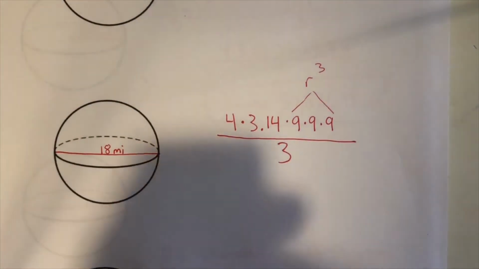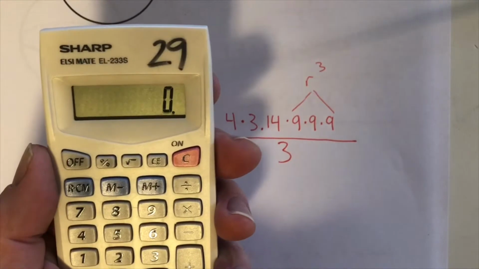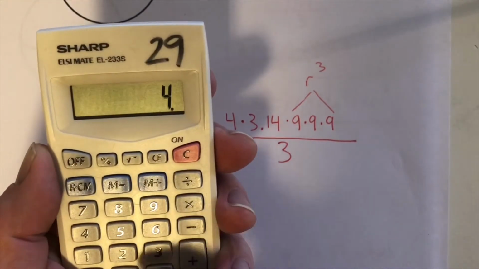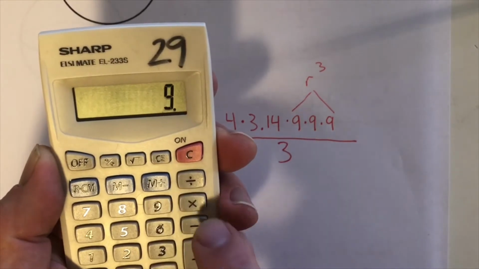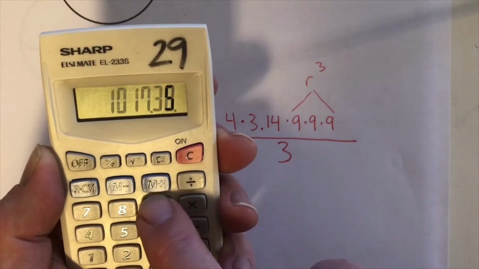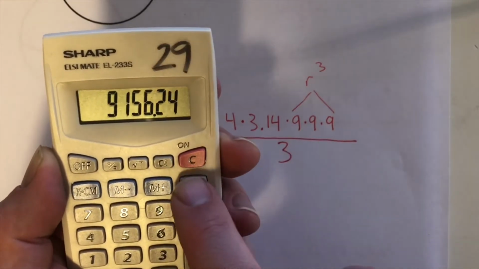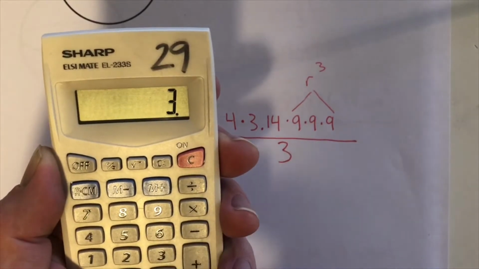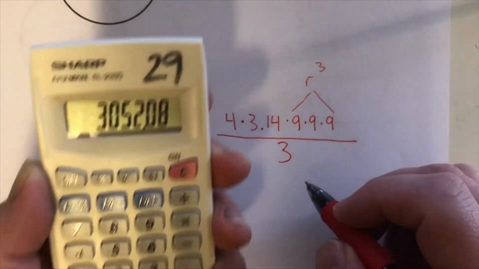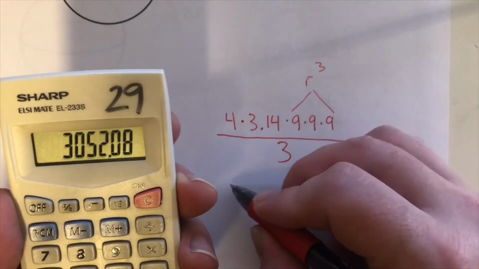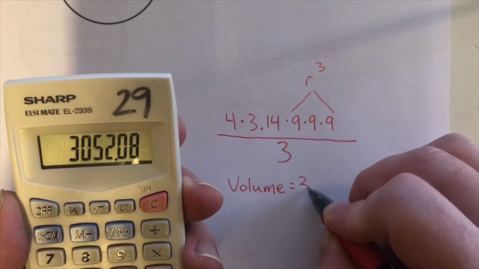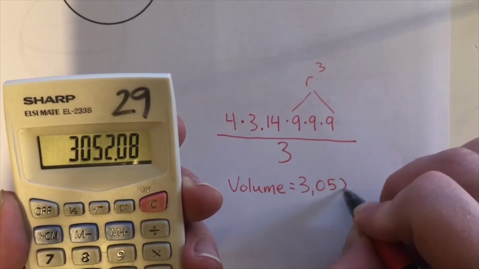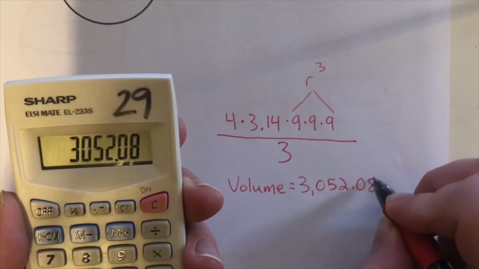So on my calculator, when I plug it in here, I've got 4 times 3.14 times 9 times 9 times 9 equals that number. And I divide by 3, and we get our answer of 3,000. So write down volume equals 3,052.08.